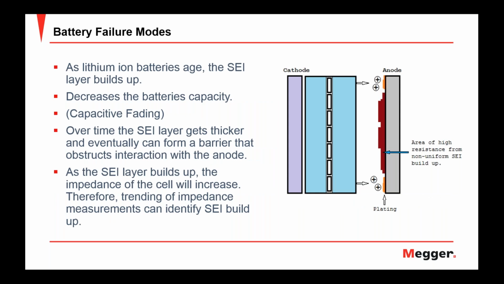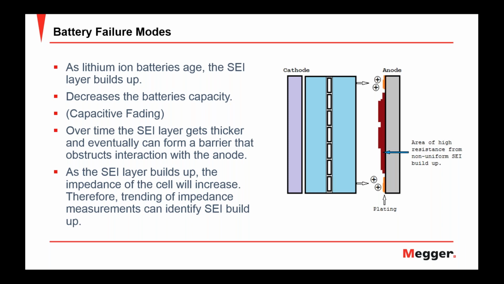Now, lithium-ion batteries. As these age, they have what's called a solid electrolyte interface layer. They need this to actually operate, but as they age, this layer builds up. As it builds up, the impedance of the battery increases, decreasing the battery capacity. It's also referred to as capacity fading.